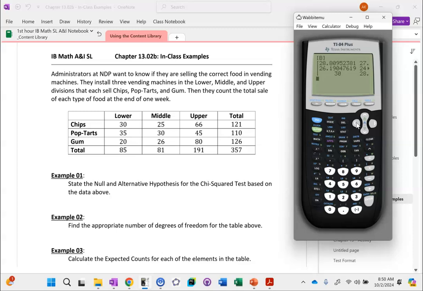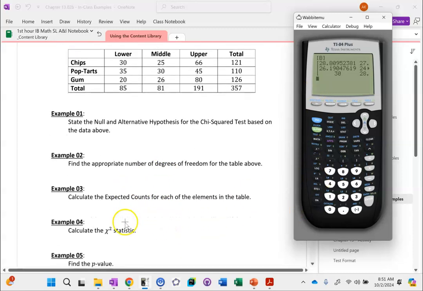You just plug in those numbers, without the totals. You don't have to do the degrees of freedom or minus one. The calculator uses the dimension of the matrix to calculate the degrees of freedom for you, so you don't have to even give it to it. Pretty rad, right?